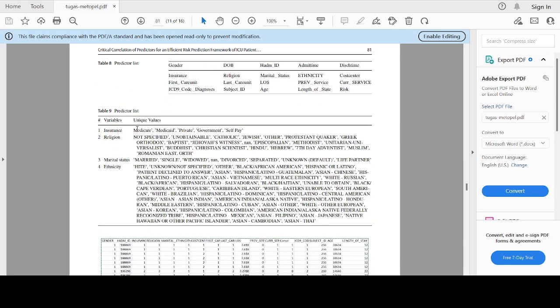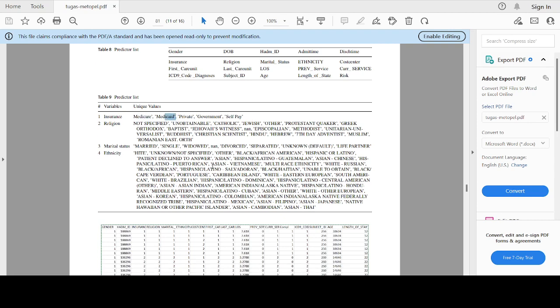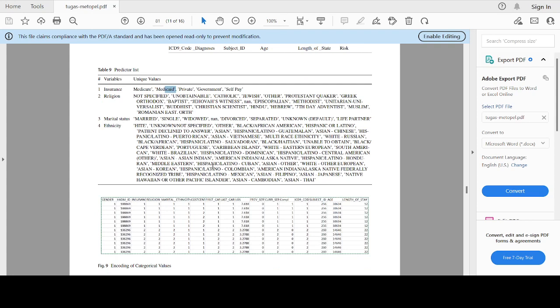Basically this is the option, the string, which will be encoded usually like this is one, and then, oh okay, so they encoded into 1 2 3 4 5.